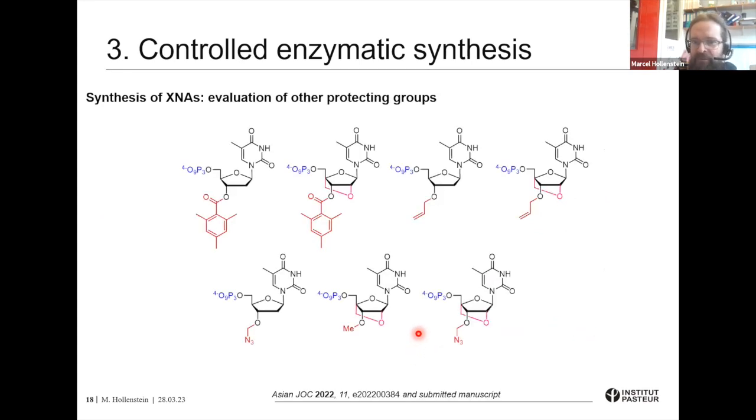So we then went back to classical organic synthesis and focused on blocking groups that are traditionally used in nucleoside chemistry, and synthesized various DNA and LNA nucleotides. Then we converted these into the corresponding nucleoside triphosphates and investigated their properties.